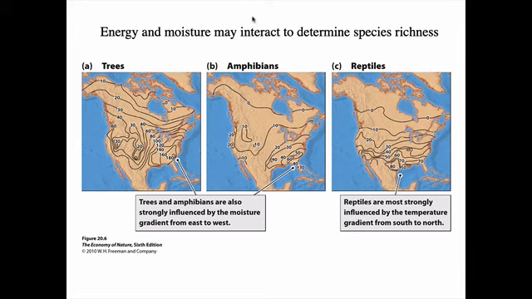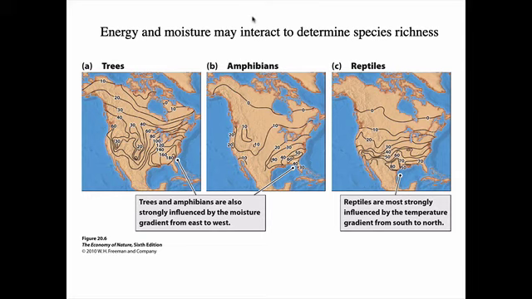That also works for amphibians. Amphibians are way more common in the southeast because it's warm and it's wet. It's dry this way, it's cold that way. So the sweet spot for both trees and amphibians is there in the southeast. They interact. For reptiles, it's not so clear.